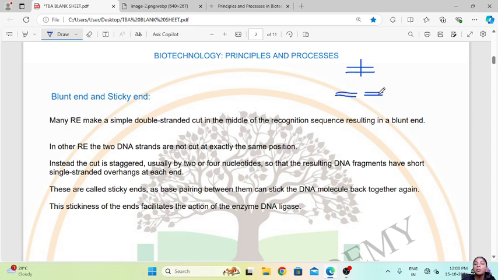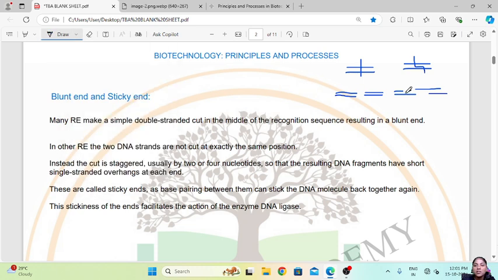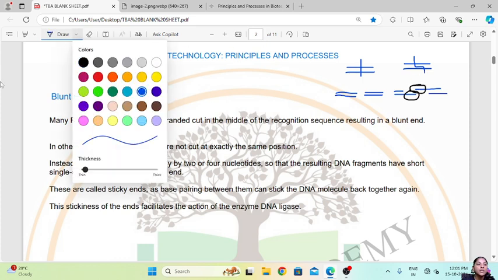Whereas there are some other types of restriction enzymes which cut the DNA in a staggered manner. So they will form something like this. The DNA fragments will be cut like this, and these will form these portions which are called the sticky ends.